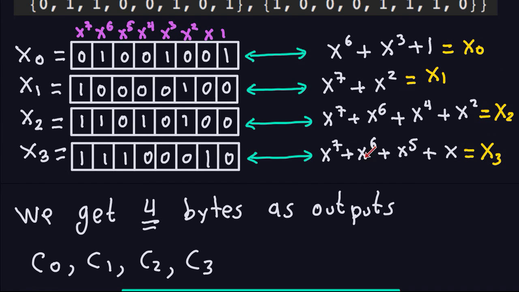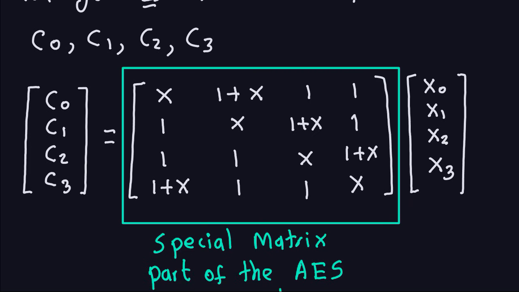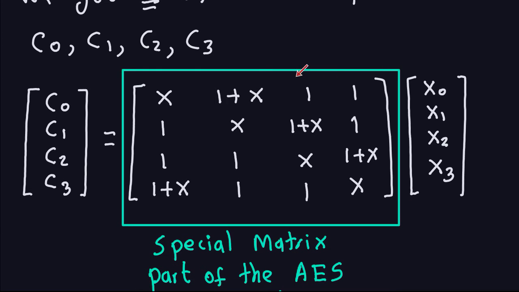All right, so how is the transformation? The transformation, as I said, happens by a matrix multiplication, and this is the matrix that you are always going to use. This is kind of similar to what we did with that special polynomial that we have for multiplication in the Galois field. This is a special matrix, and it's also part of the Advanced Encryption Standard specification.